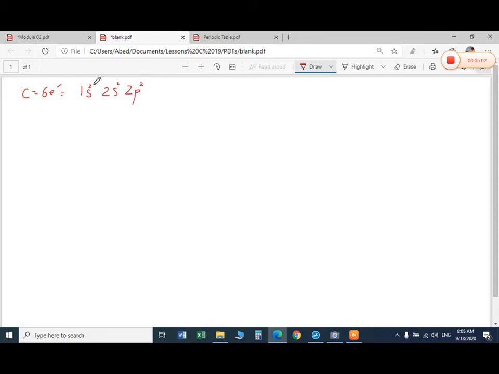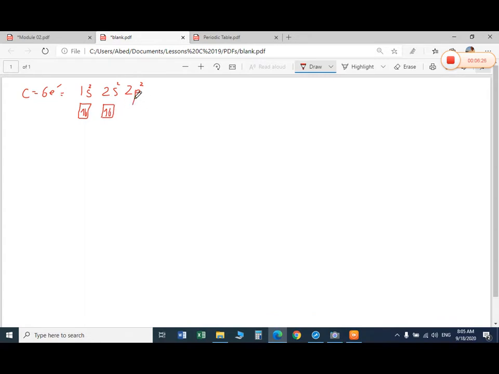So total 6 electrons, 2 plus 2 plus 2. And when we make the orbital diagram, 1s2 will be a box with 2 electrons in paired form. 2s2 also contains 2 electrons, one clockwise, another anti-clockwise.